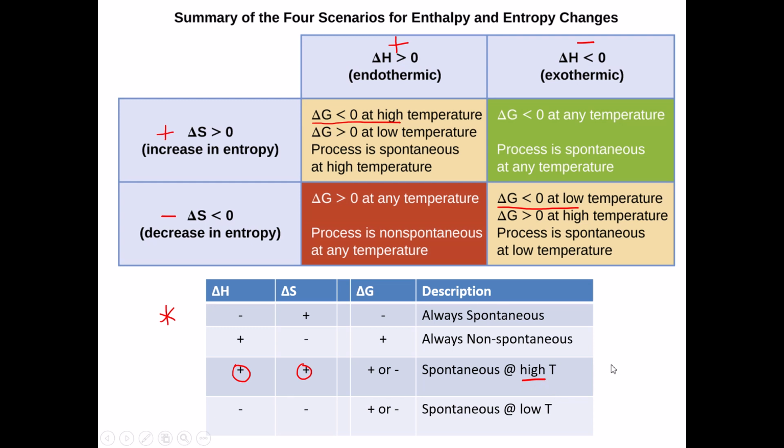So positive, positive, high temperature, spontaneous. If they're both negative, then it's spontaneous at low temperatures. So negative, negative, down, low temperatures is where it's spontaneous. However you want to remember it, though, it's important to keep straight those 4 different situations and be able to identify when the reaction is spontaneous, always, never, or depends on the temperature.